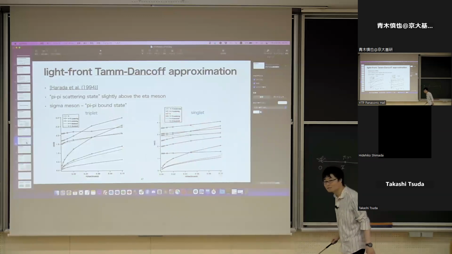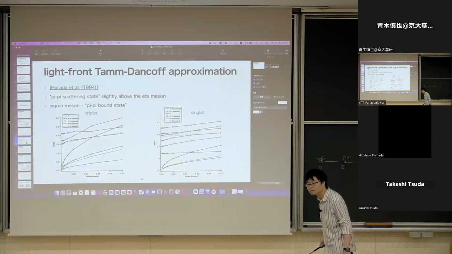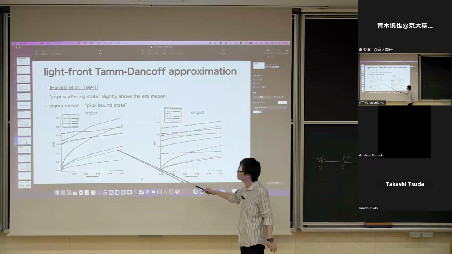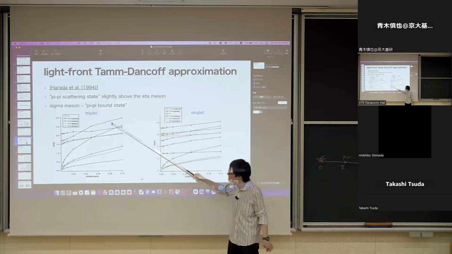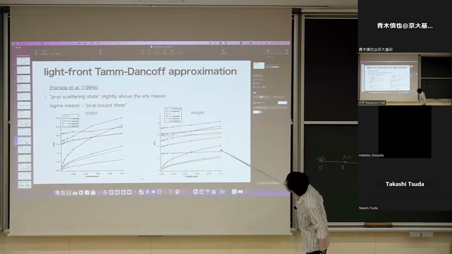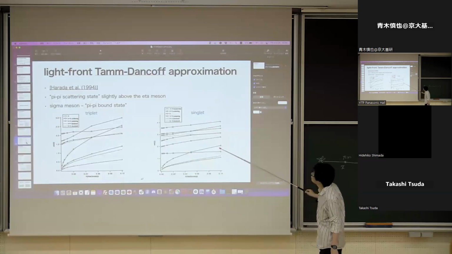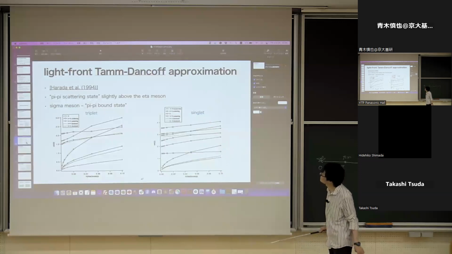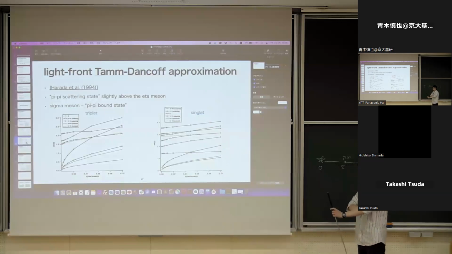Your state has the same quantum number as a pion. I think so. The pi scattering in triplet is the same as the pion, and for the pi scattering in singlet, I'm not sure about it. It can be different. Okay. Thank you very much.